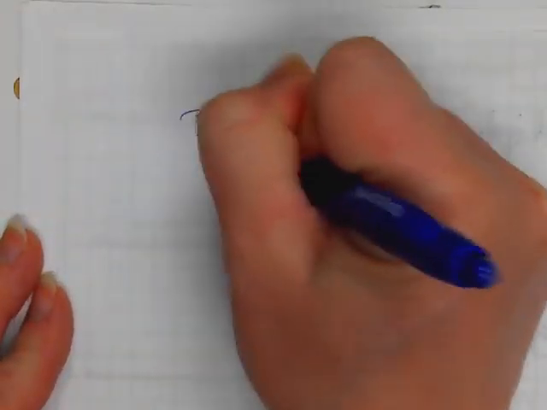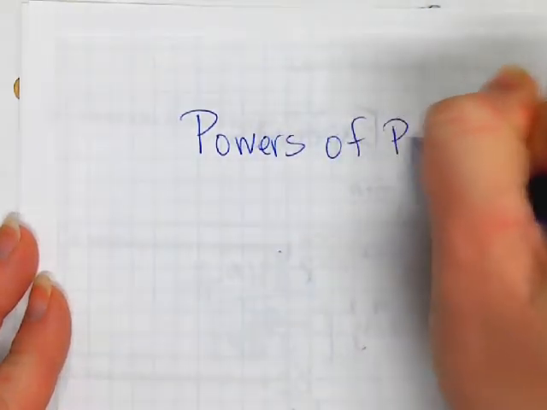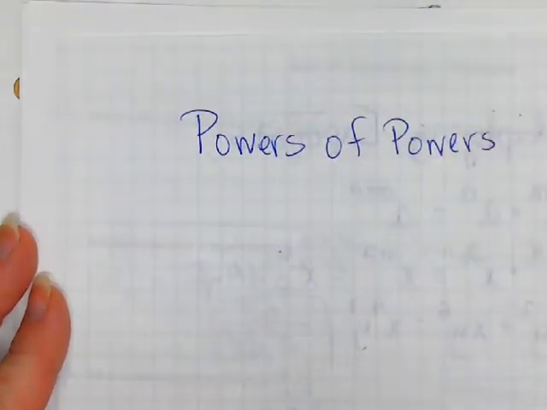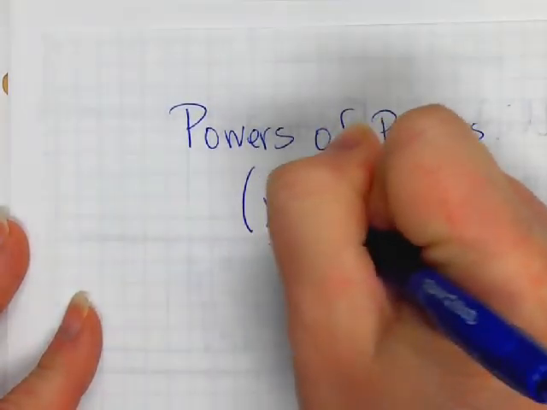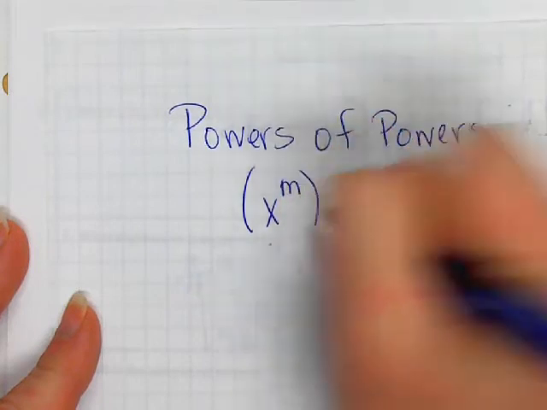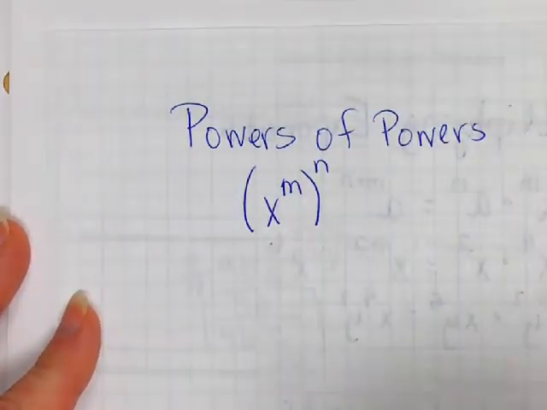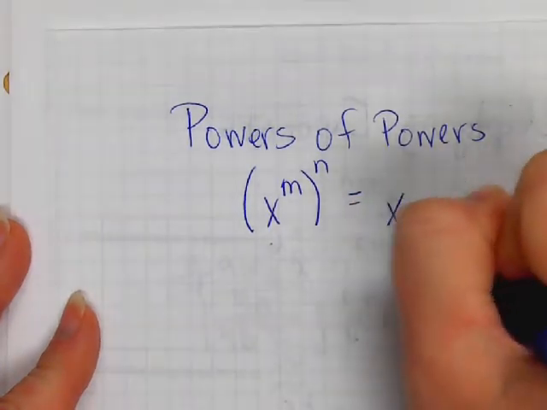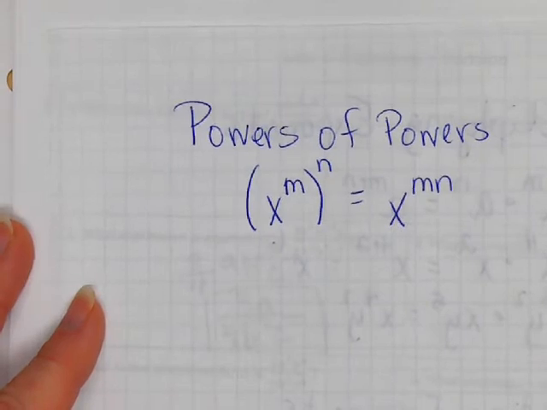So let's talk about powers of powers, which is what we're addressing today, actually. I know it seems kind of strange, but it's basically saying if you have x to the m raised to the n, then that's going to be x to the m n. So now we're going to multiply those instead.